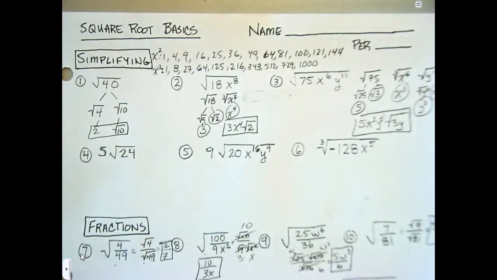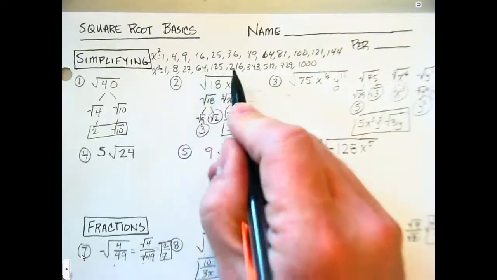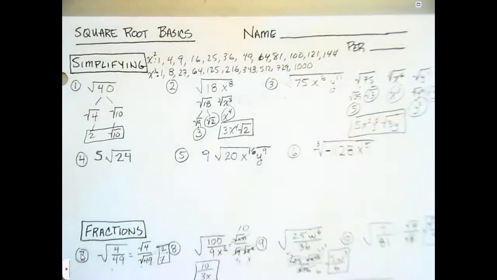Got them all? That's 1, 2, 3, 4, 5, 6, 7, 8, 9, and 10.